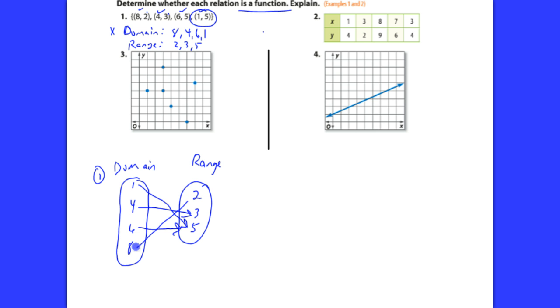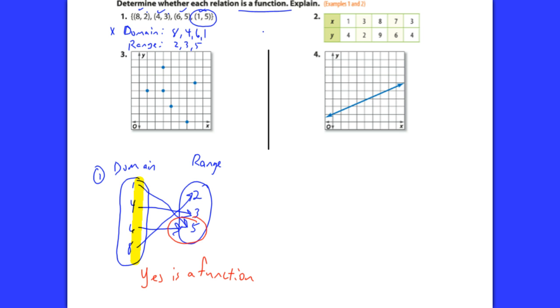So if I look at my domain, in no time did one of the domain repeat. So each domain has one specific outcome. It doesn't matter that 1 output of 5 and 6 output of 5. So the answer here, yes, this is a function for number 1.